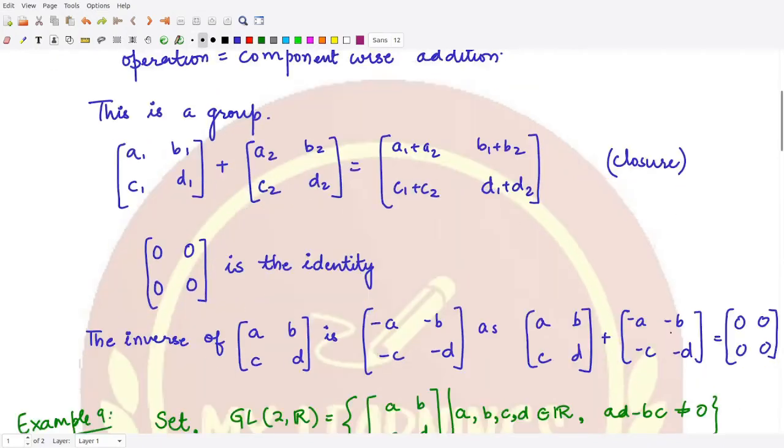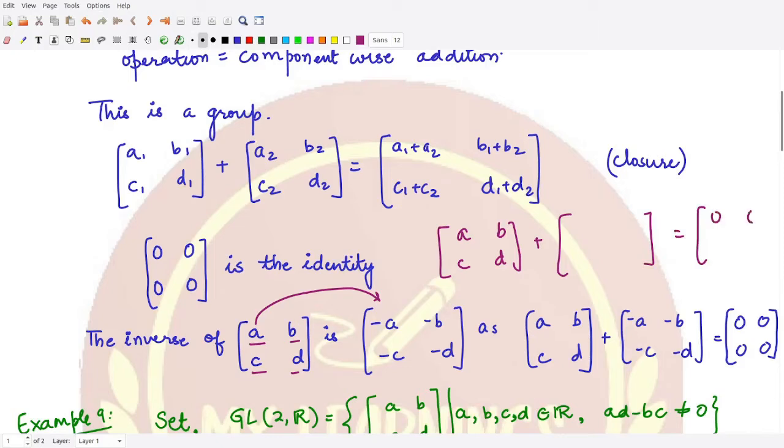And moreover, what is the inverse in this case? The inverse for an arbitrary element A, B, C, D, because we want our one element from the group to be A, B, C and D. So here we want something so that the sum is equal to the identity, which is 0 0 0 and 0. So what should this number be?